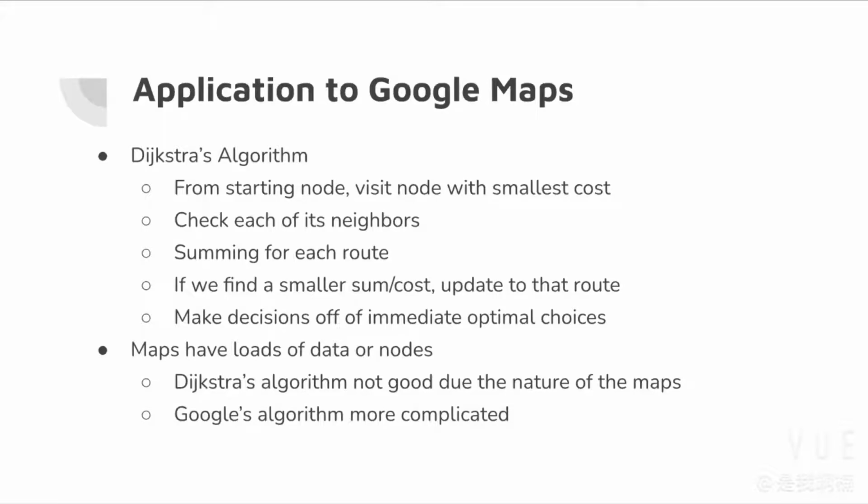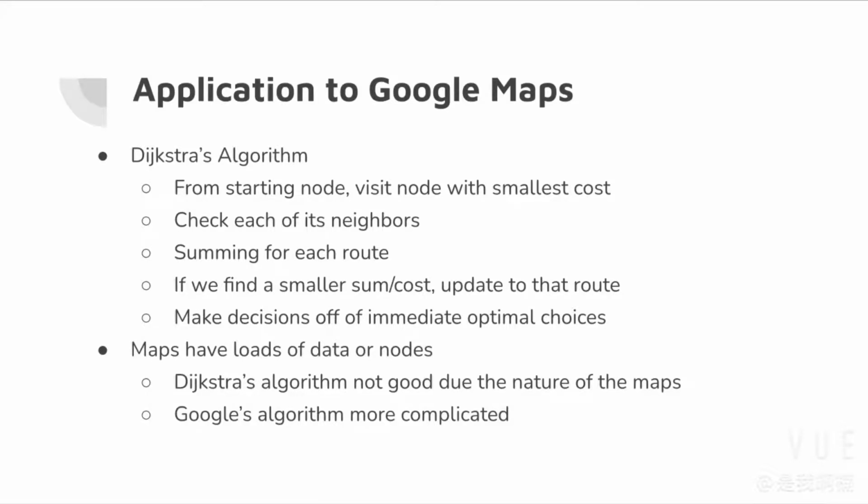And one of the people who tried to solve this problem was Dijkstra, a computer scientist, and he came up with his algorithm, which is basically starting from a starting node, visit the neighboring nodes with the smallest cost, and then whichever one has the smallest cost, visit those neighbors and continue finding whichever neighbor has the smallest cost, summing for each route. And if we find a smaller cost, update to that route. Essentially, it's just making decisions off of immediate optimal choices.